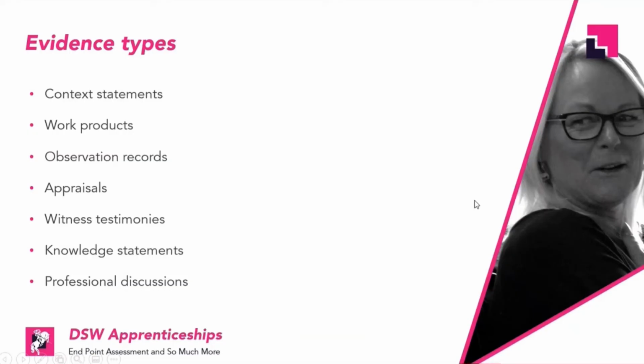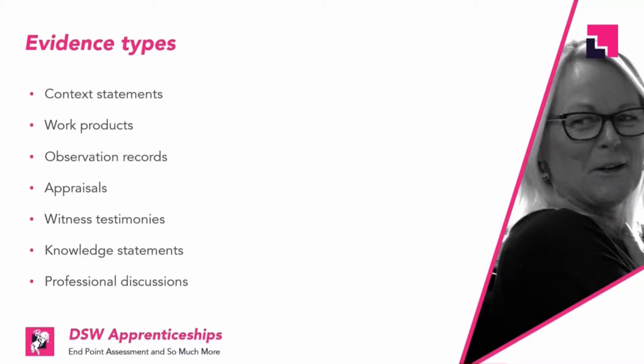Yep. Thank you. So a good place to start with building a portfolio is to produce a context statement. A context statement is a short written account of the situation that the apprentice has been involved in. So think of it as the glue that holds the portfolio together.